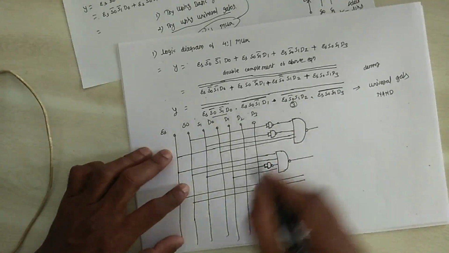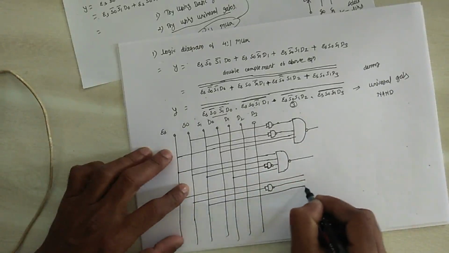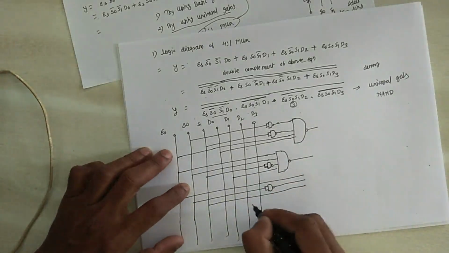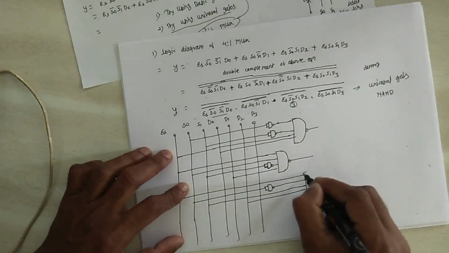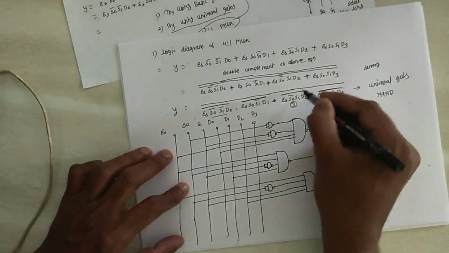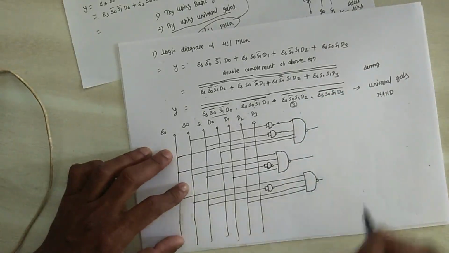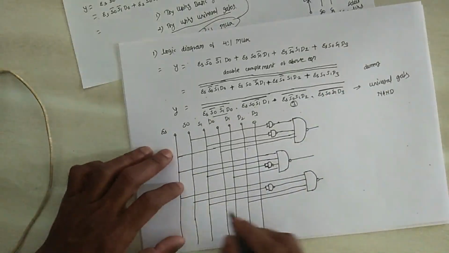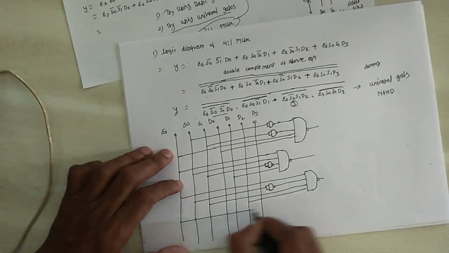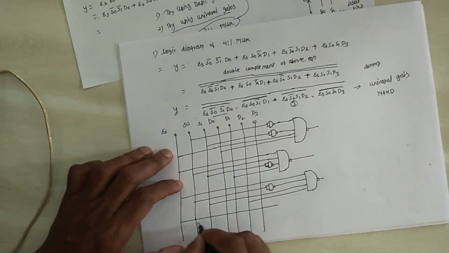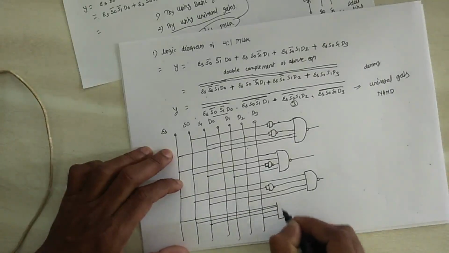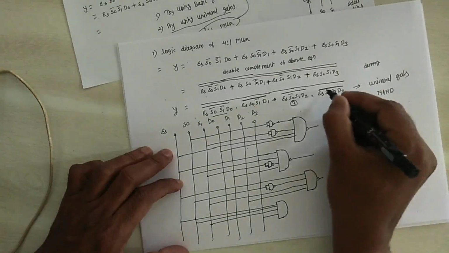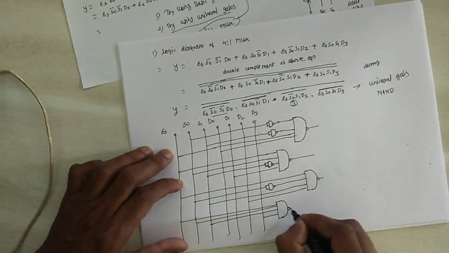Then we need S1, take S1, and we need D2, so take D2. This will produce the third term with its complement. And then the last one: we need ES, S0, S1 and D3, and it's a complement, so we use a NAND gate.